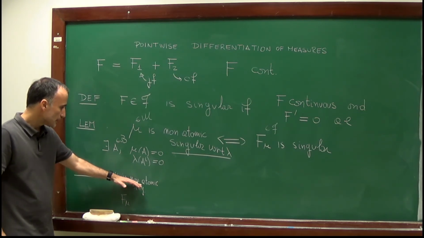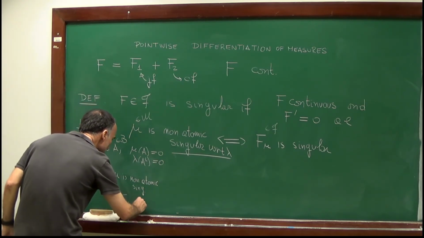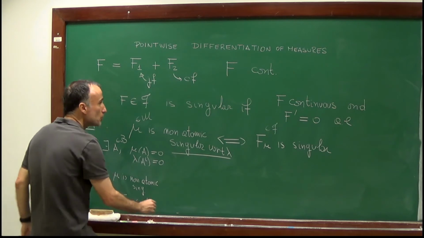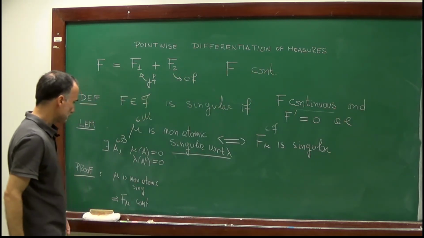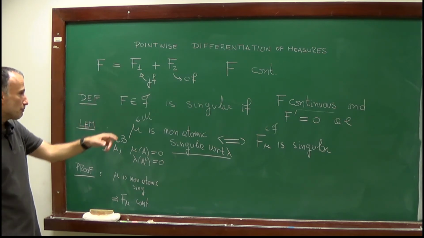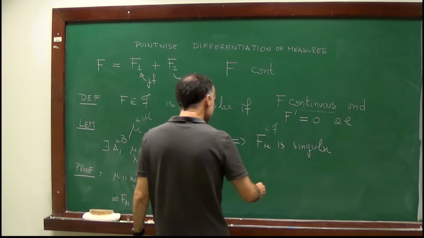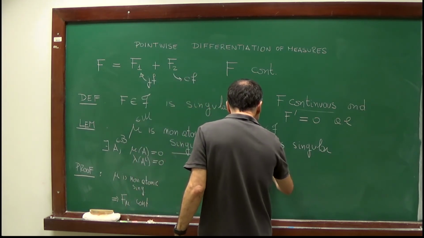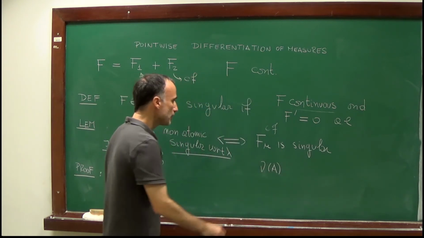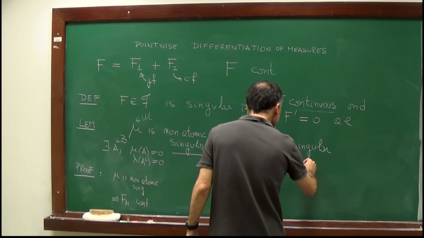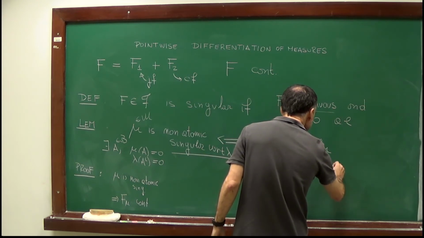We've seen that if mu is non-atomic, then f of mu is continuous. That we already proved. Okay, so the first property holds. Now let's prove that f prime of mu is equal to 0. For that, let me define nu, this is a measure, nu of A, which is given by the integral over A of f prime d mu.